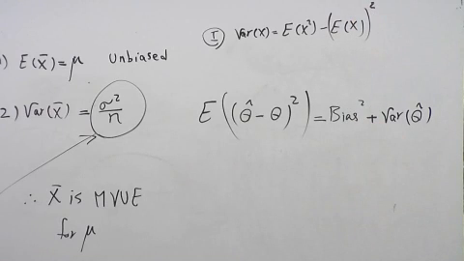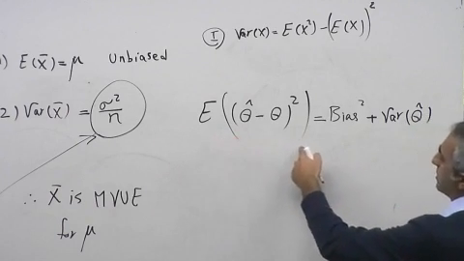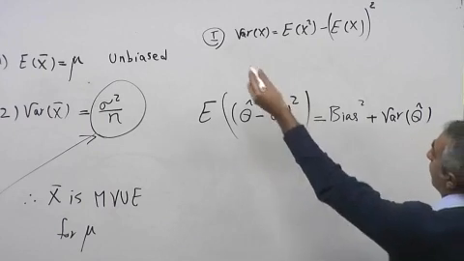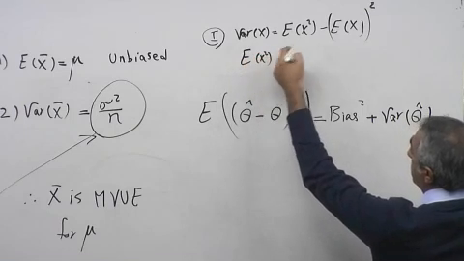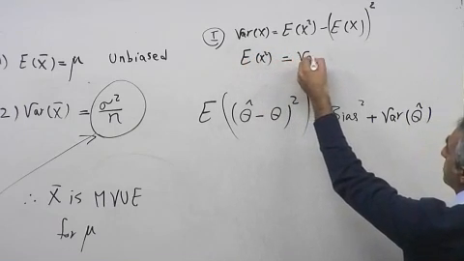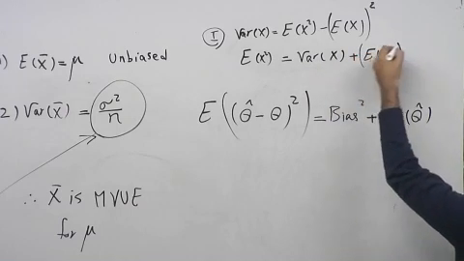That's another definition for variance. So expected value of x squared would be the variance of x plus the expected value of x, squared.